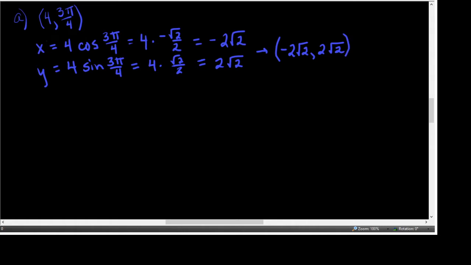Now just a quick sketch to make sure everything's looking good. 3 pi over 4 is of course in the second quadrant. And we're going out 4. So about right there.